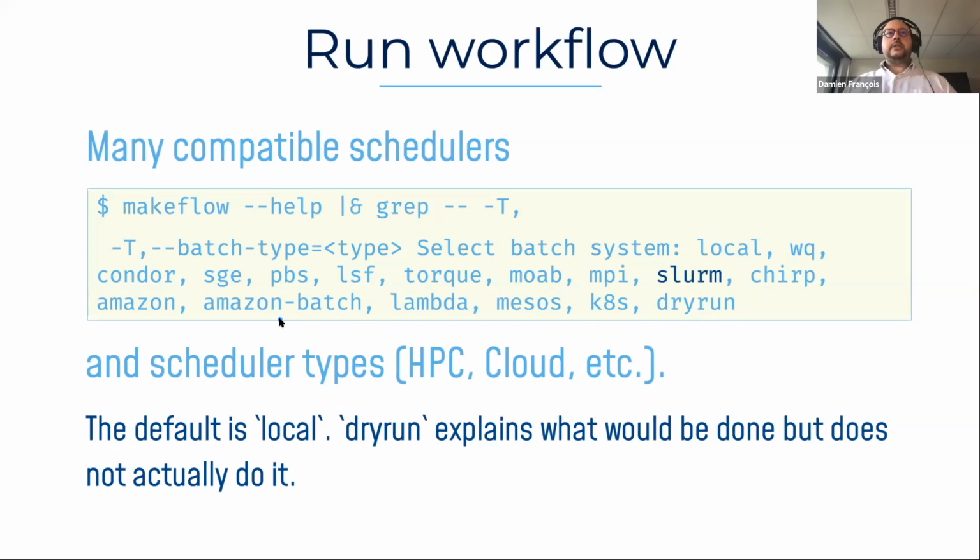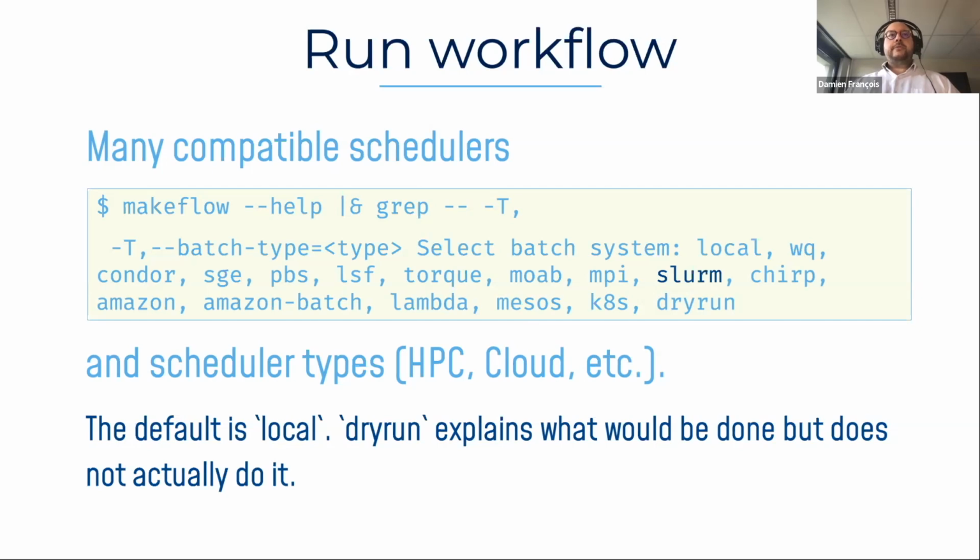And you see that it can also be used on other types of schedulers that are not that related to HPC, but more directed to cloud, like Kubernetes or Mesos, and so on. There's also a specific scheduler, or fake scheduler, which is dry run, where just like you would expect, Makeflow will explain what it will do, but it will not actually do it.